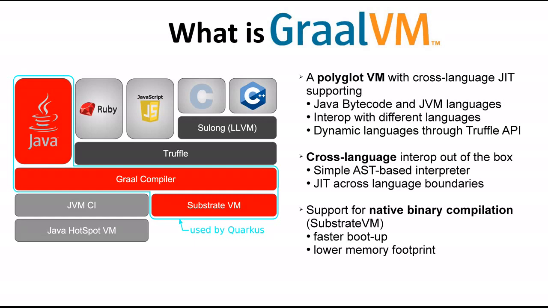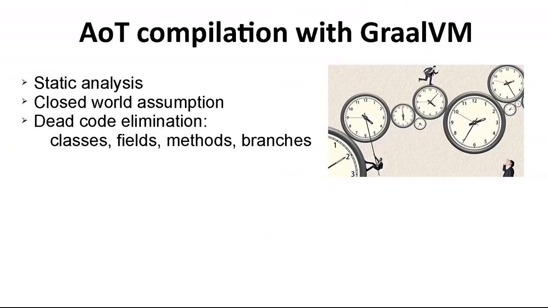So it provides the same goodies of the just-in-time compiler, but also cross-language. And the other very important thing, which is the most important thing for us, is that it allows you to create a native binary image of a Java program. This is what we wanted to do: create a native image of a Drools-based project. The important thing of Graal is that it does lots of static analysis up front.